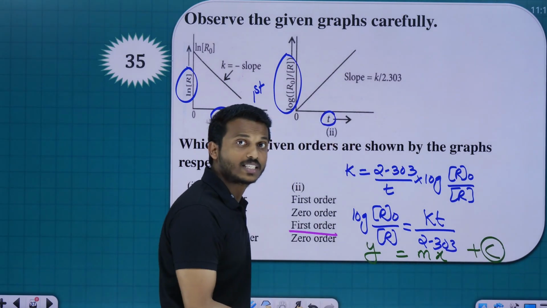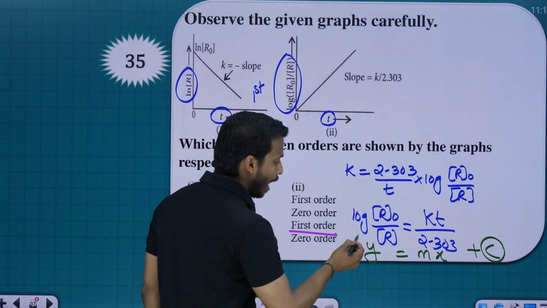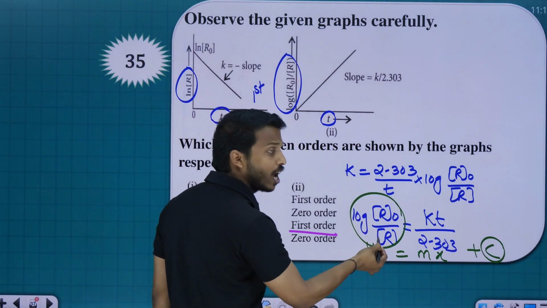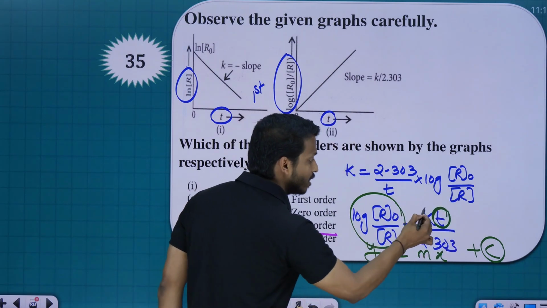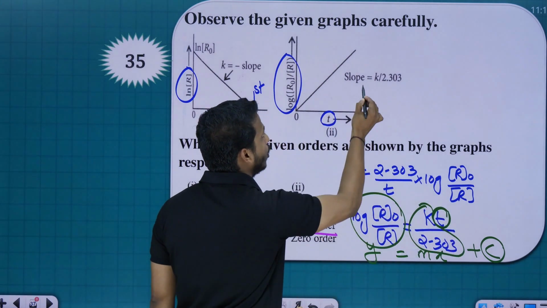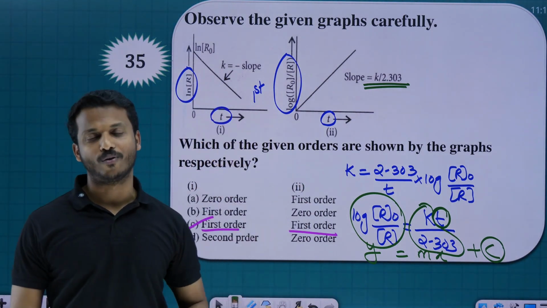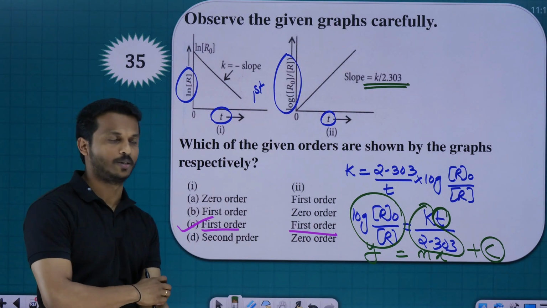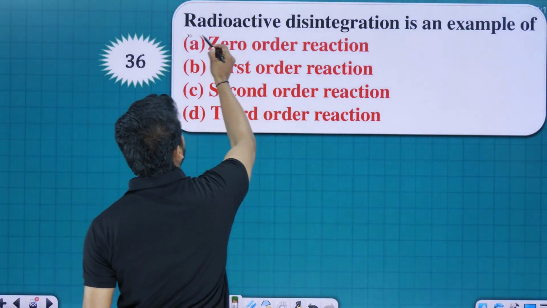Y intercept. It is 0. That you leave it. Therefore, it starts from the origin. And on the y-axis, what you have? Log R naught by R. What is the x-axis? They are taking time. And what is the slope? k divided by 2.303. See, this is the same graph for which one? First order. Okay, first order reaction.